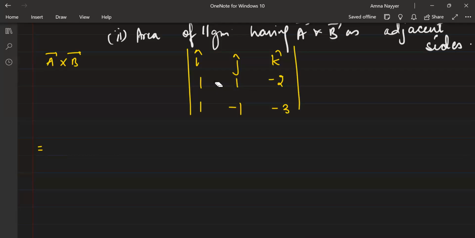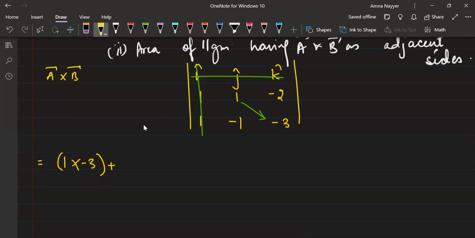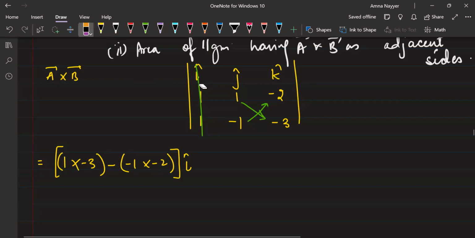First, we cut the row and column of i cap. We go 1 into minus 3, plus, then we go minus 1 into minus 2. This whole is the i cap. Now we have to write j cap.